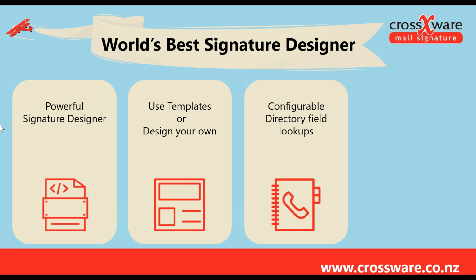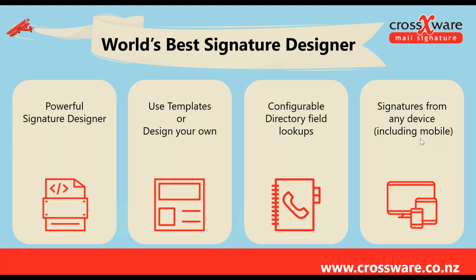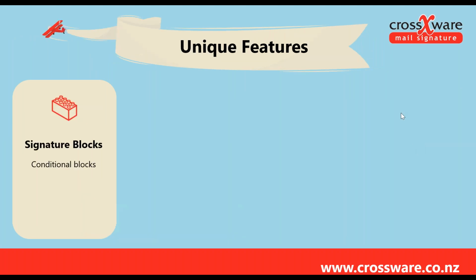And so with Crossware, we can do that. We can configure those and customize those fields. So if you belong to the sales team, then your mobile phone will show. And finally, your signatures are applied on every device.